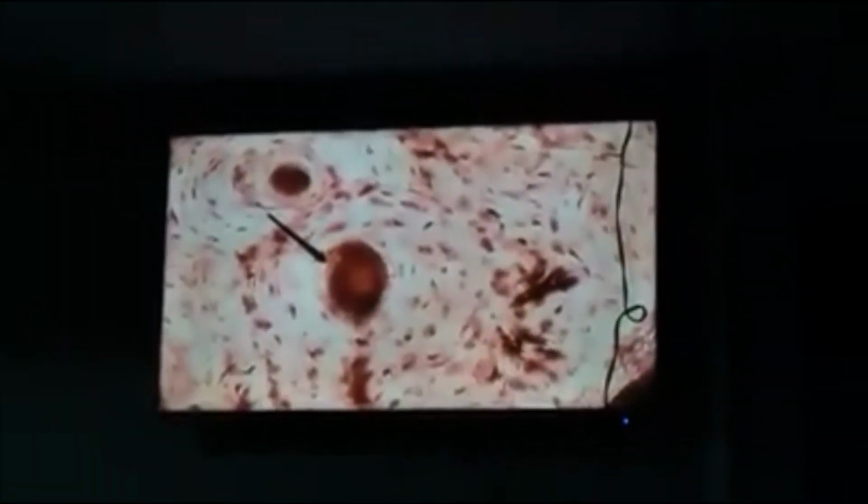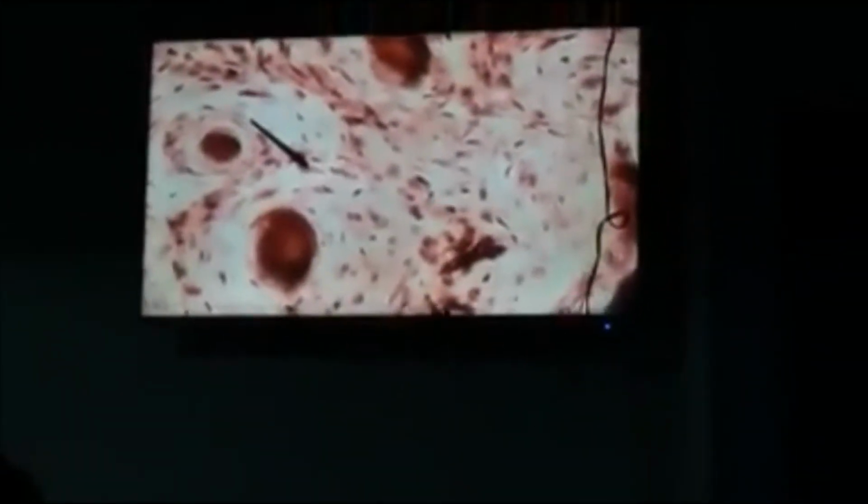Now let's identify the other parts of your compact bone. What is the content of the Haversian canal? Later in the lecture. Our central canal, what is the structure that is pointed right now?